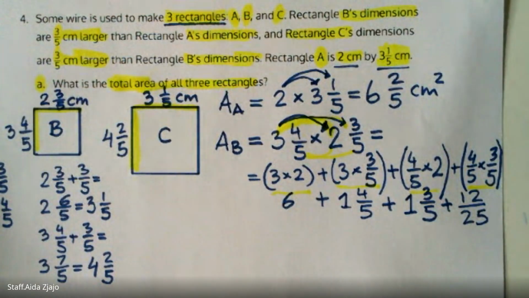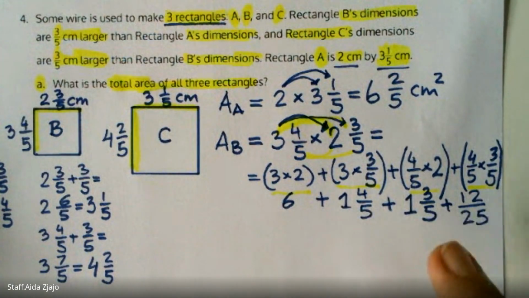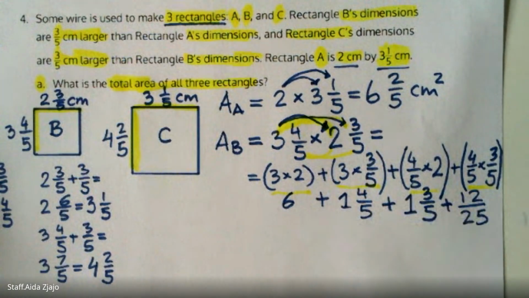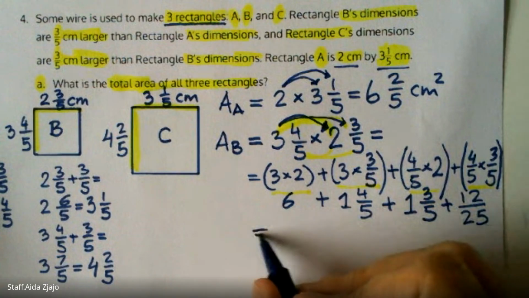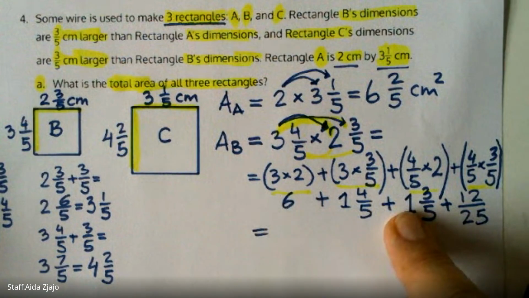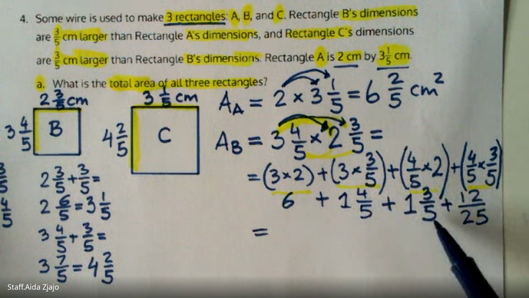So now 4/5 and 3/5 is 7/5. So 7/5 will make another whole, and I will have 2/5 left. So 6, 7, 8, and 4/5 and 3/5 is 7/5.